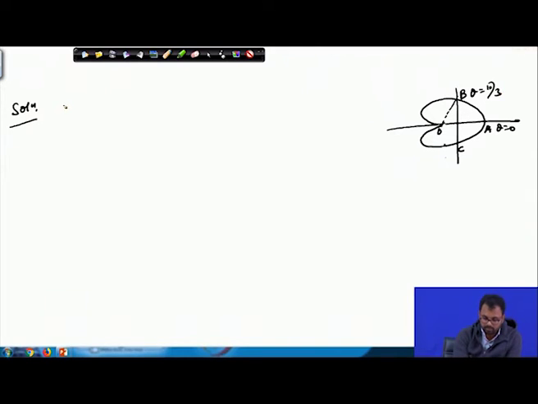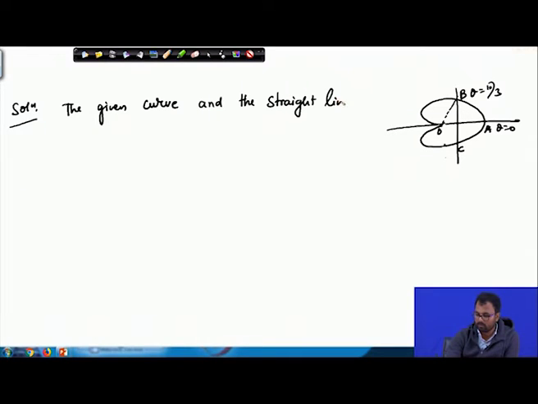The given curve and the straight line are r equals a times (1 plus cos theta) and 4r cos theta equals 3a respectively.